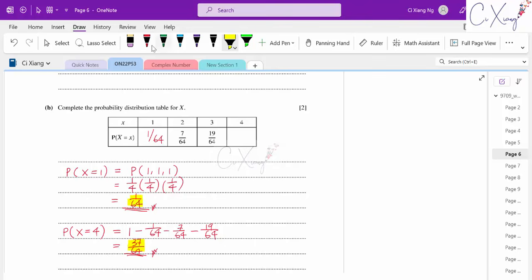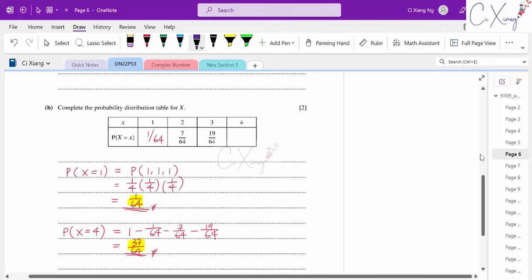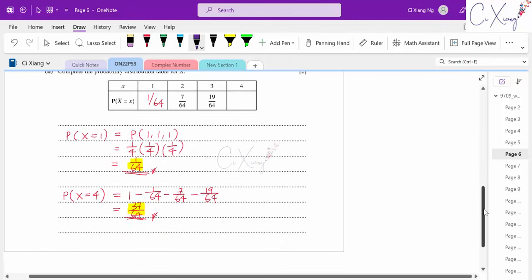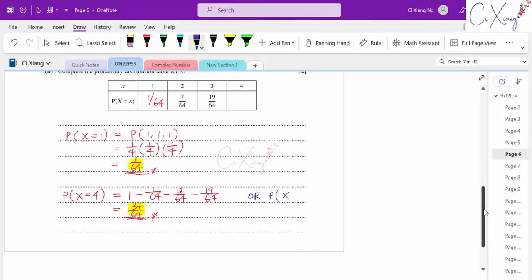So if you are not so confident about your answer for x equals 1, then you have another option. You can think about the possible ways to get the highest score, which is x equals 4. If we are looking for the highest score equal to 4, there are many possible cases.